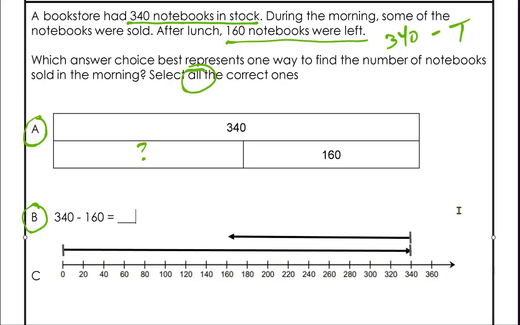Because that's how many were left. Okay, so it's like doing 340 minus 160. So if we look, it goes and it stops at 160. So would that be correct?